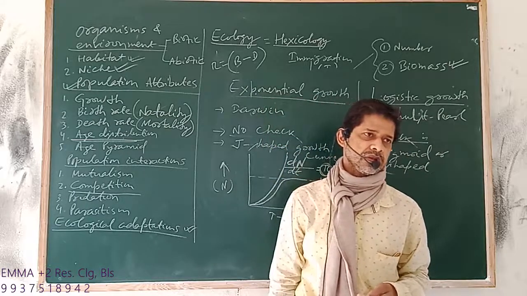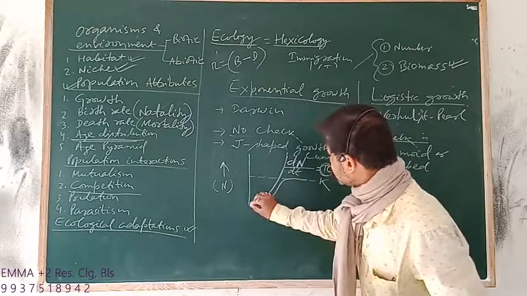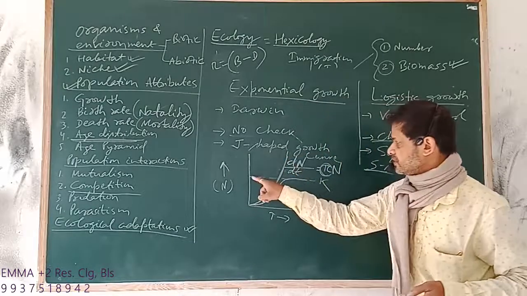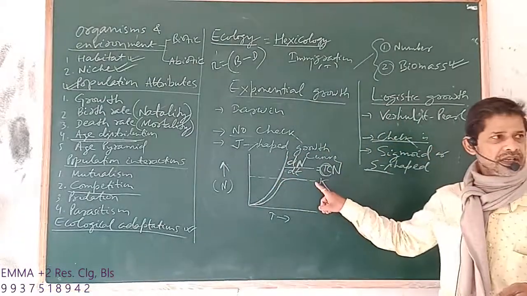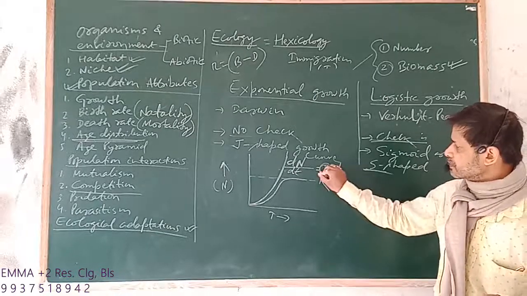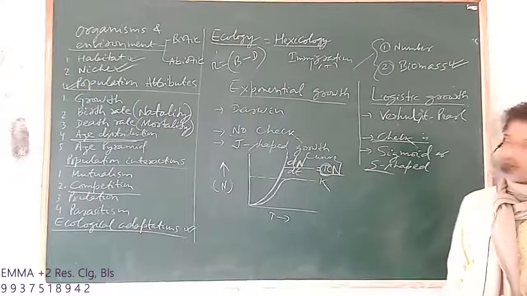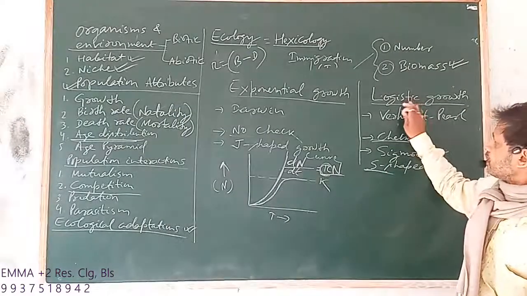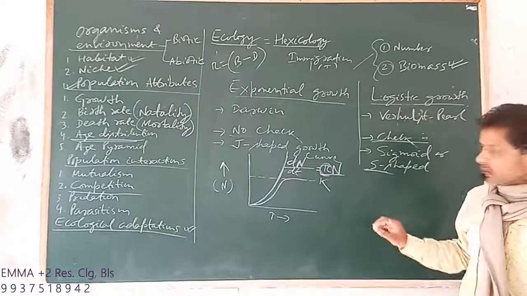Clear or not? So in this J-shaped curve, there is no restriction. There is no carrying capacity. So formula is very simple, Rn. So how can we calculate this logistic growth?